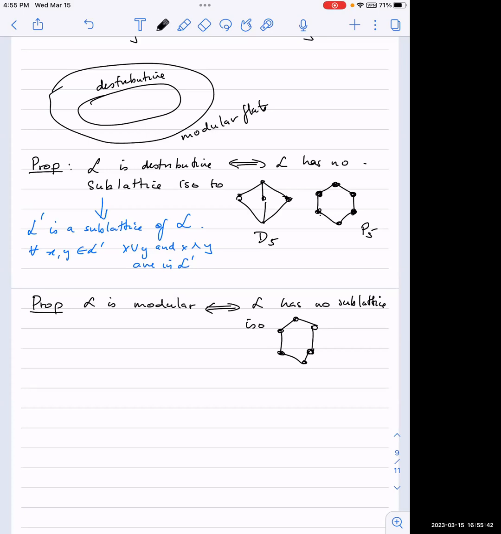And my question is, I wonder if there's something geometric. This is my question for anyone who knows. I wonder if geometric lattices also have some kind of structure like this. It looks like an excluded minor result, right? Except it's not graphs, it's lattices.